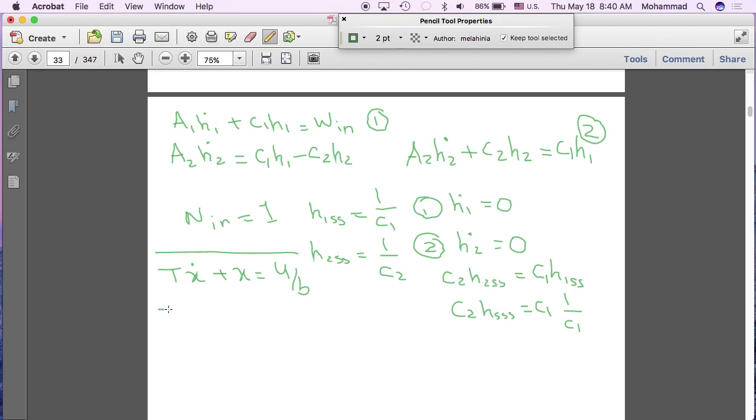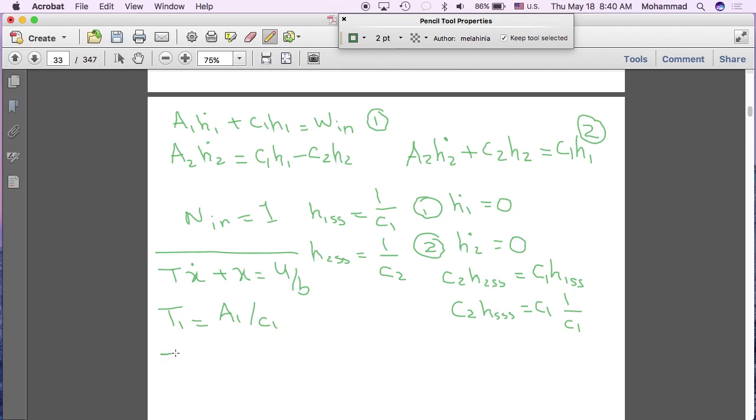So what is the time constant of the first tank, just by looking at the differential equation? Did you say A1 over C1? That's the time constant of the first tank.